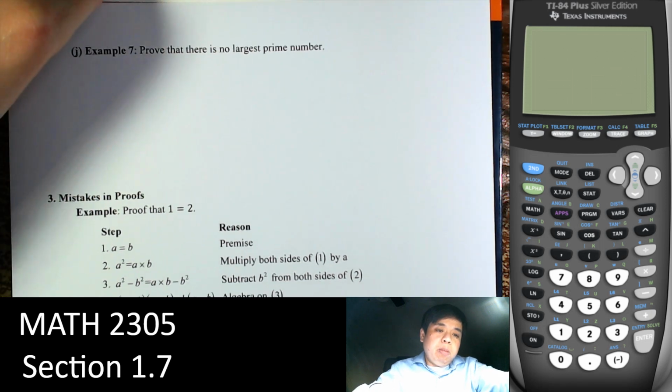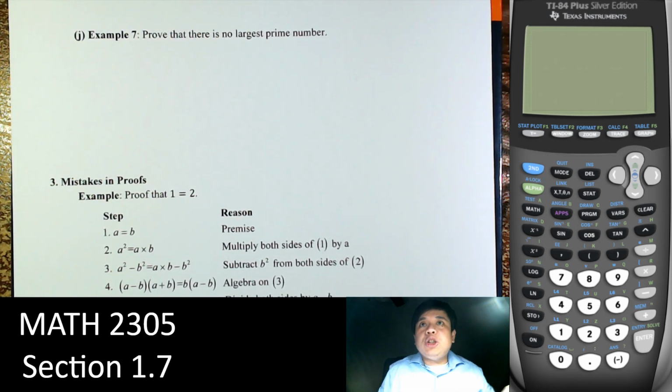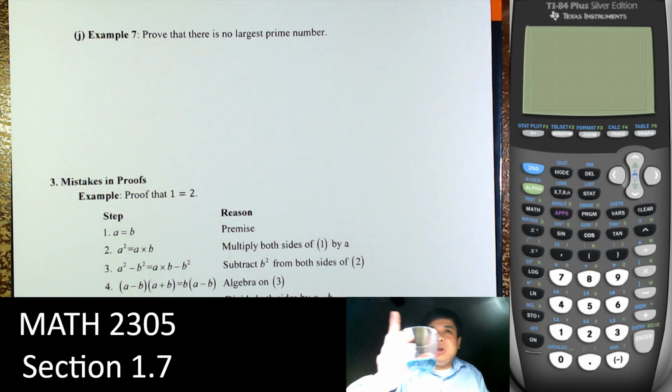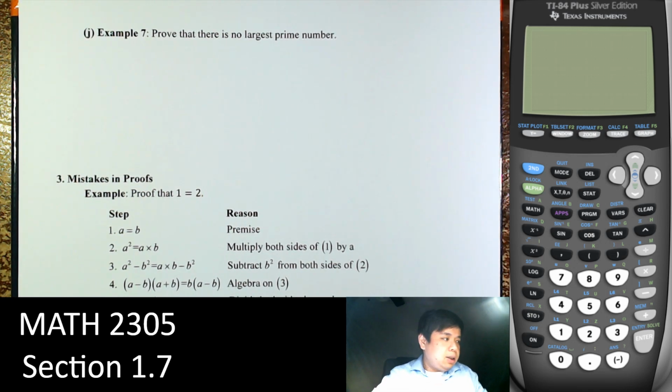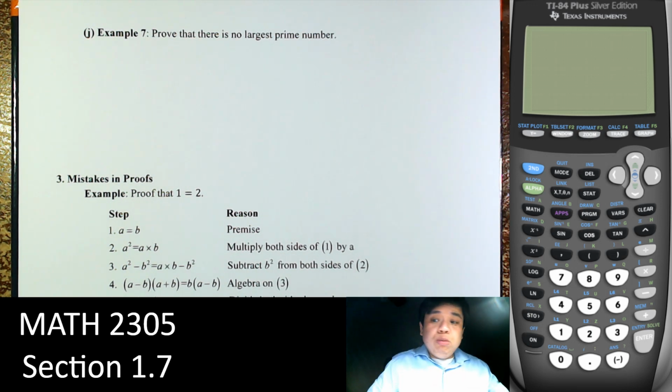Next, prove that there is no largest prime number. Now this is difficult. Where do we start? This is more like the proof by contradiction. We just need to show that it doesn't hold. So assume to the contrary.